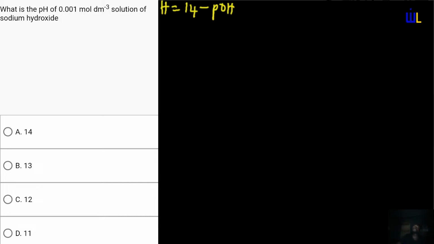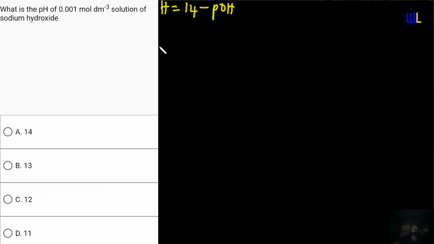If you have issues with standard form and logarithm, please go and resolve it and then come back to watch this video to make it easier for you to understand. Now once you divide these through, what you are going to get as your answer is 10 raised to power minus 11. So now that we have the concentration of hydrogen ion, we can put it in this formula and get our answer.